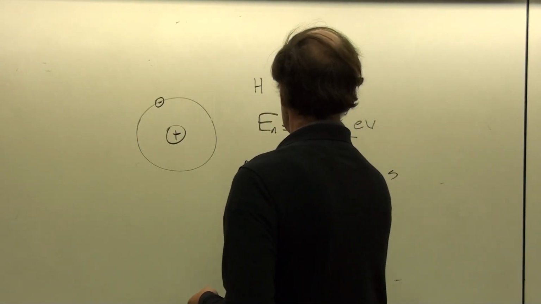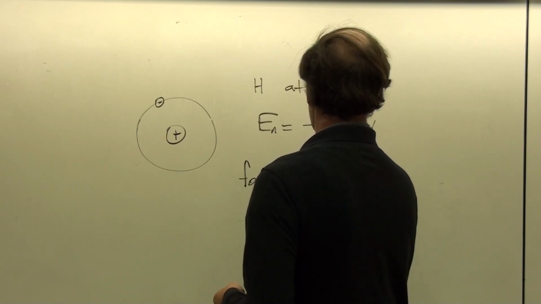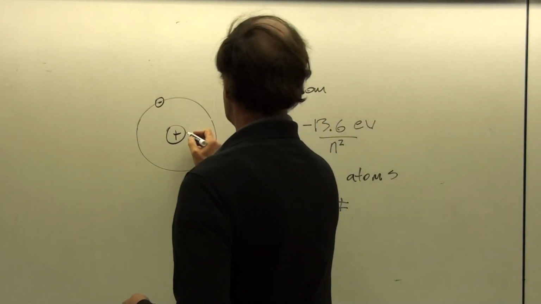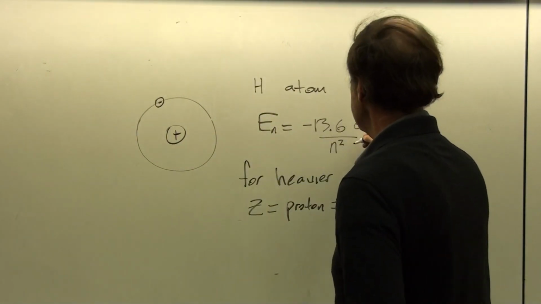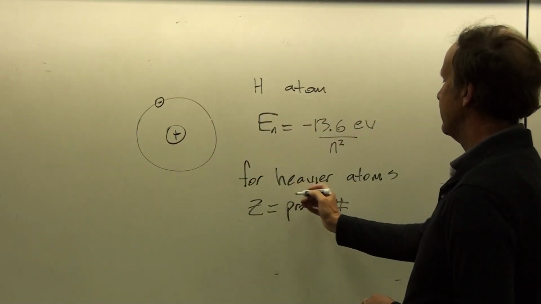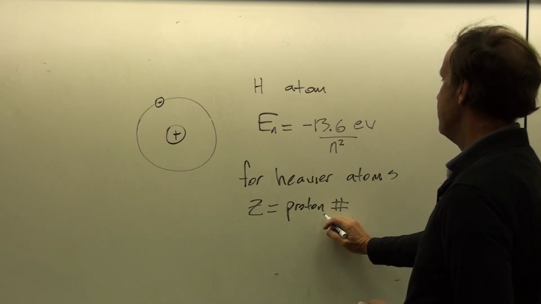where Z equals the proton number in the nucleus, this is the only thing that's going to change the electric potential that is associated with a single electron going around a multi-proton atom.